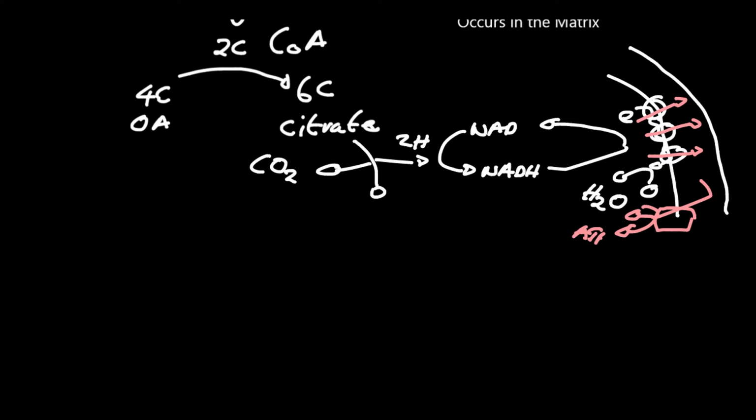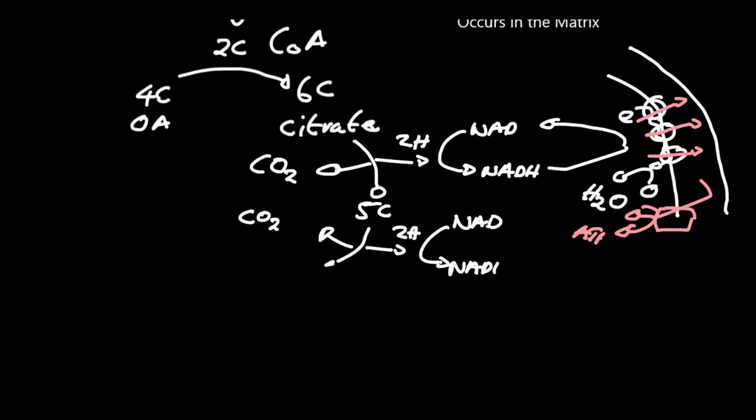So we had a citrate going to a 5 carbon compound being decarboxylated, and then the same thing happens again. It gets decarboxylated, loses a carbon dioxide, produces 2 hydrogens, and those hydrogens join with the NAD to again form an NADH.